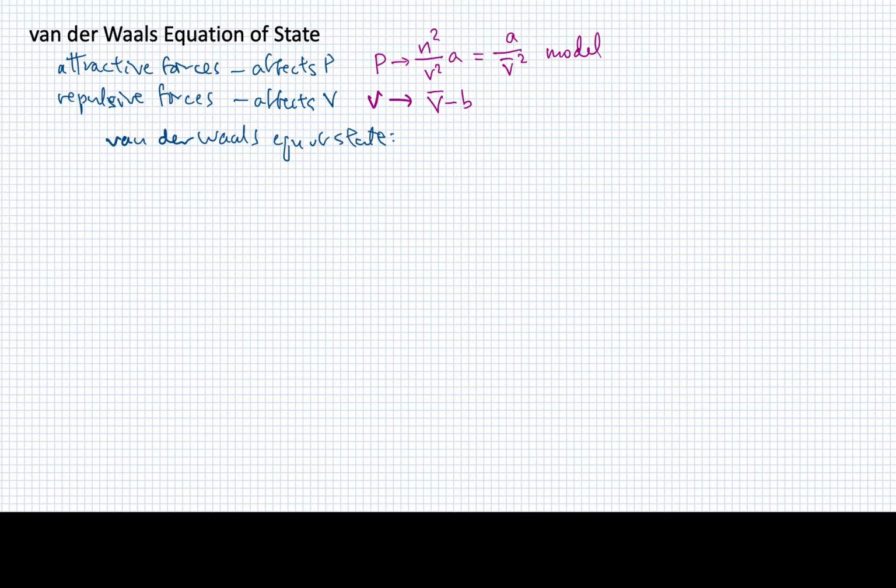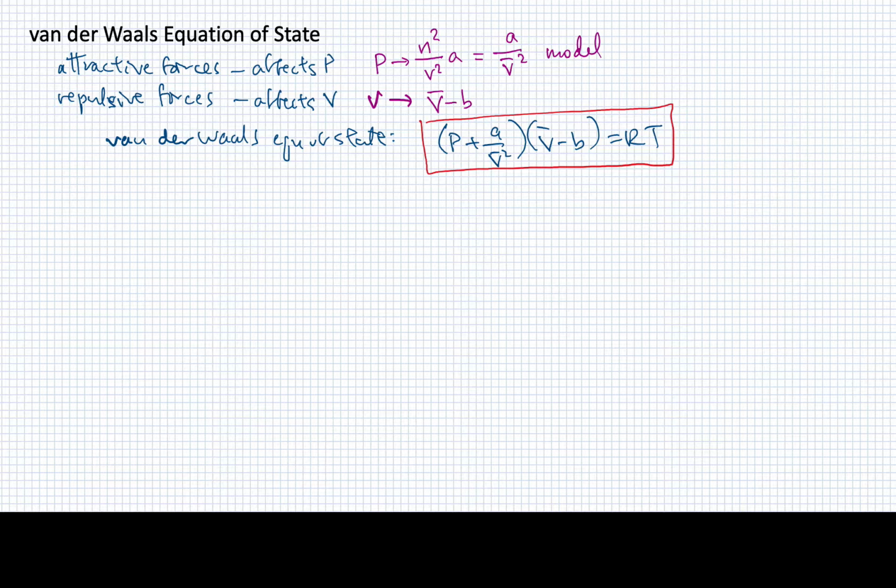We write that the effective pressure, with this correction factor, times the effective molar volume, which we'll write this way, is equal to RT. This is our functional form for the van der Waals equation of state, the one that defines it for all kinds of different modeling purposes.